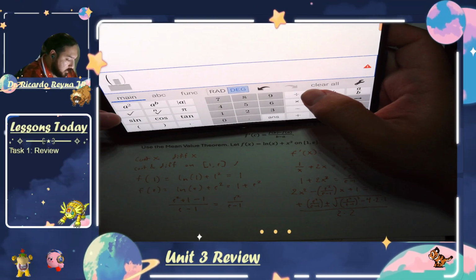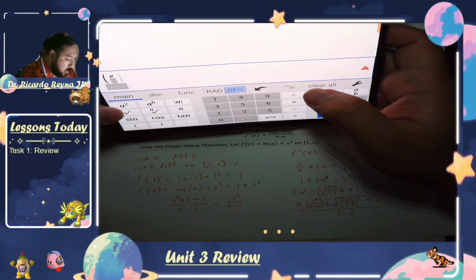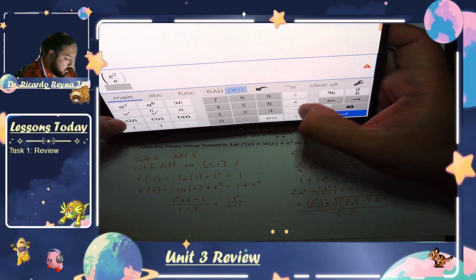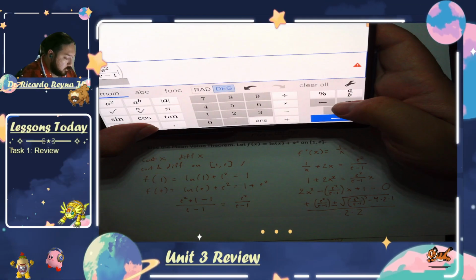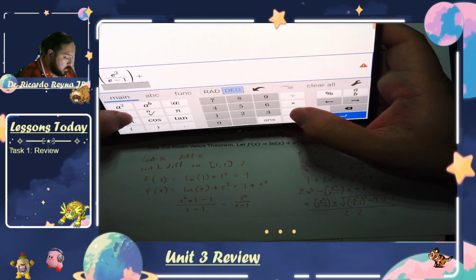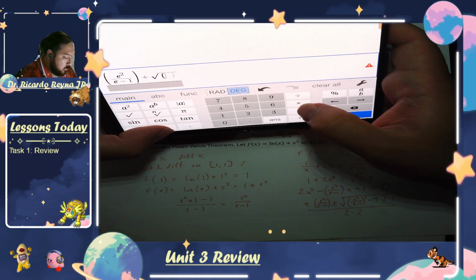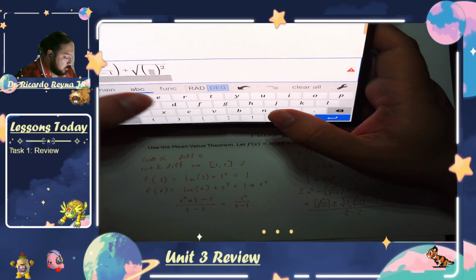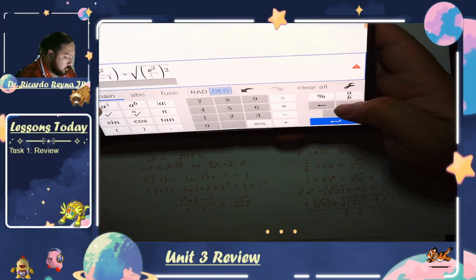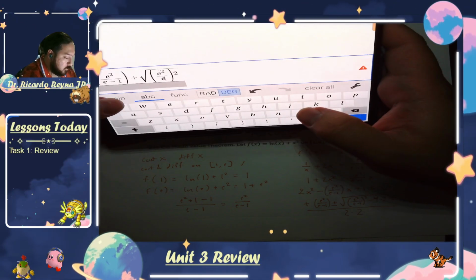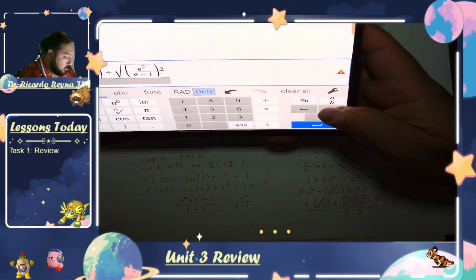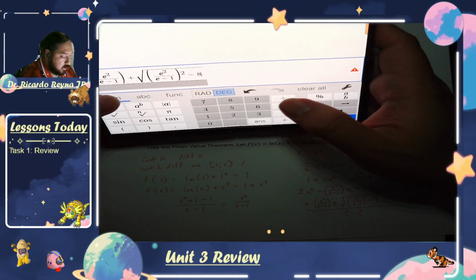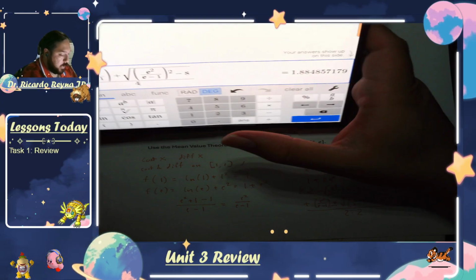Okay, so fraction first. We're going to do a fraction with an expression. It's e squared over e minus 1. And then I'll do plus the square root of, again, this expression squared, minus 4 times a times c, which is 8, and divided by 4.